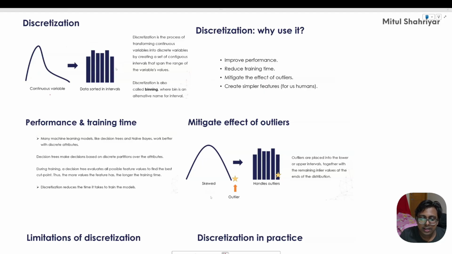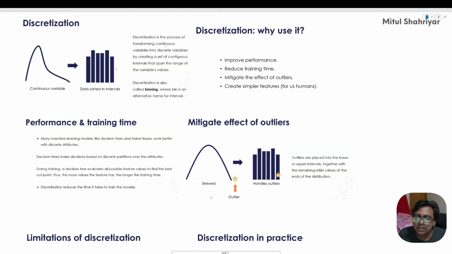So what is this discretization? You can see this is a skewed graph. Although we've learned how we can use variable transformation and make it normally distributed or something near that, sometimes we want to make this continuous variable, like this continuous graph, where there is no dropping of the data, into some intervals and create lots of bins, and the data will be out there and might be something like normalized.